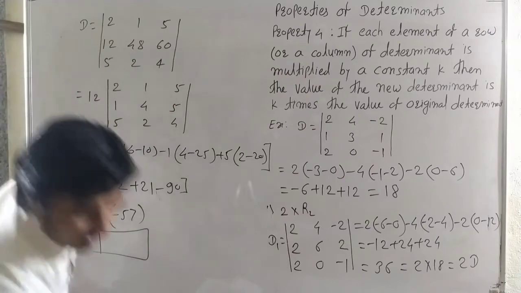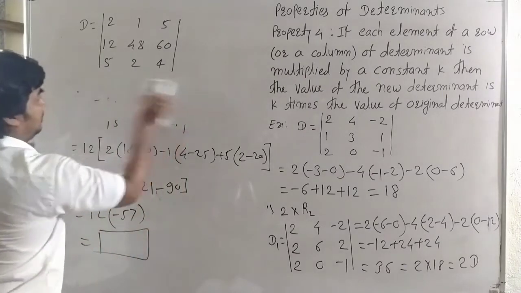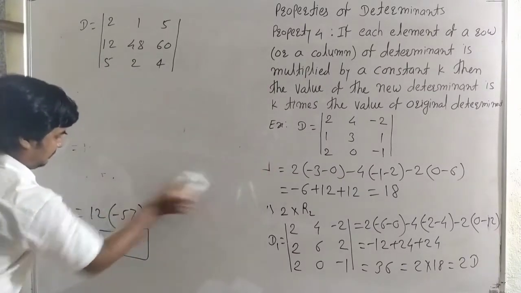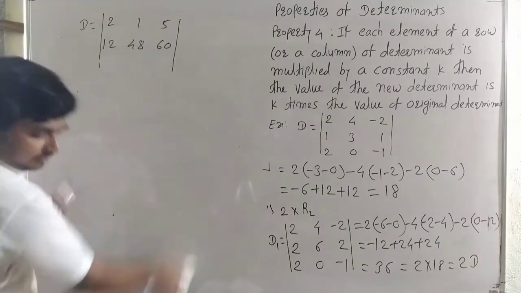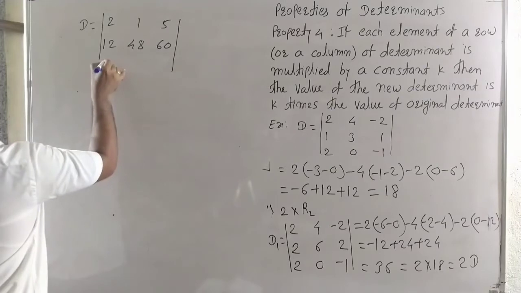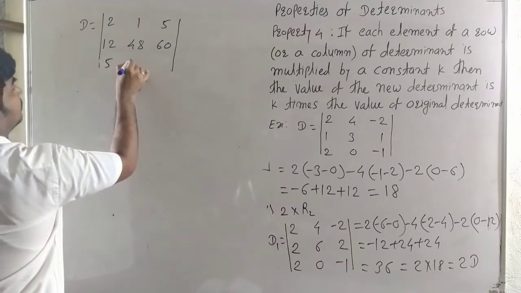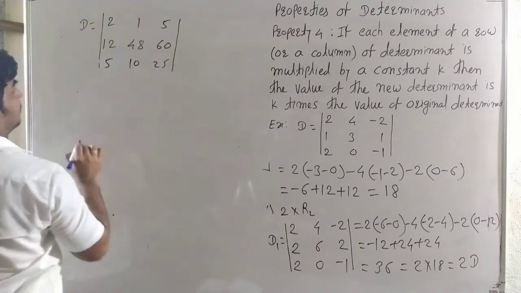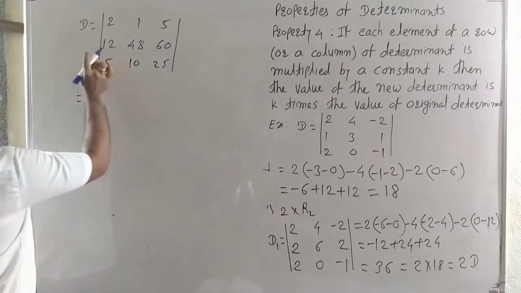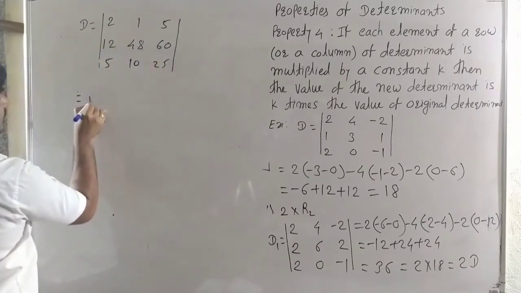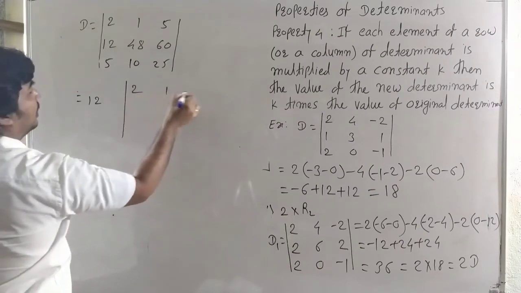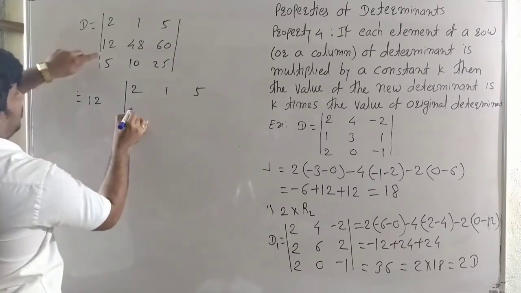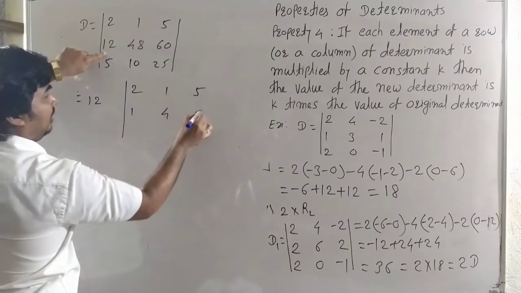Now we can see one more example. In row 1 we can take a common 12. So here 2, 1 and 5, here 1, 4 and 5.